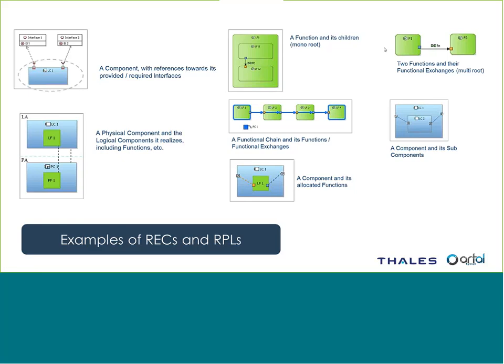It can be a functional chain and its supporting functions. It can be a component and its allocated functions. Or it can even be something which would couple a physical description and a logical description, so something that goes across the Arcadia layers. So basically any piece of model element can become a record and then a replica.